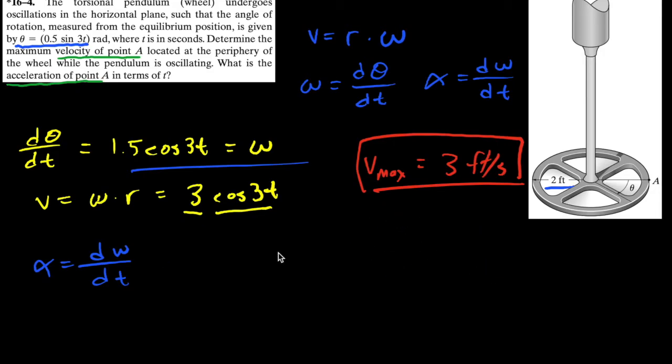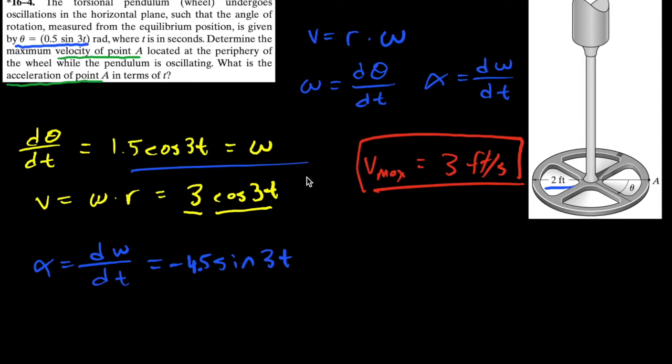So now, taking the derivative of this function, cosine turns into negative sine, so sine 3t with a negative in front of it. Then, using the chain rule, we do 3 times 1.5 to get 4.5 sine 3t.